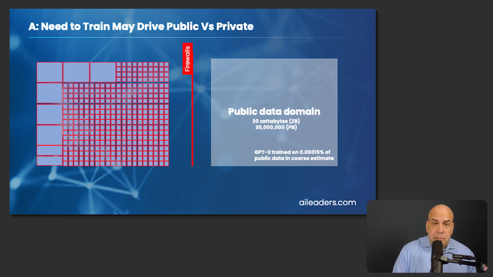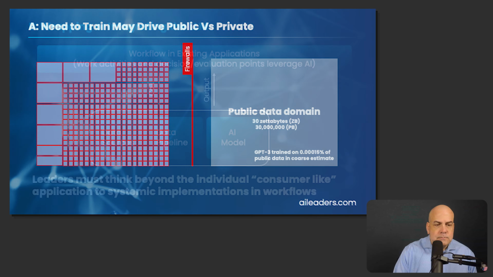And so depending on your use cases, it may be crucial for you to bring your LLM inside the firewall and exist on the left-hand side of this graphic. So you benefit from what has been done on the left, but you're then training specifically with your organization's proprietary or sensitive data. And that's a critical decision. It's going to affect compute infrastructure and a number of other activities.